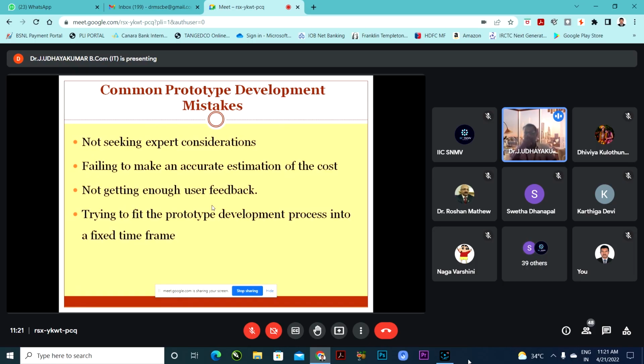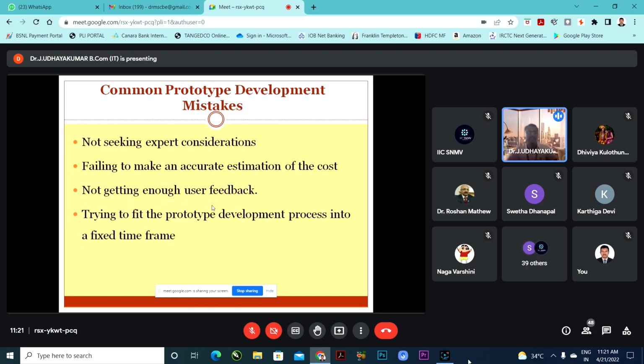One very important part of making your prototype development a success is that you have to get advice from the pros. That is, you have to get advice from the experts. Without getting any advice from the experts, it is very difficult for us to succeed in the prototype, because many users, manufacturers or consumers are not able to find the solution for the particular problem, which leads to loss, because startups may make something that is not useful for the person.